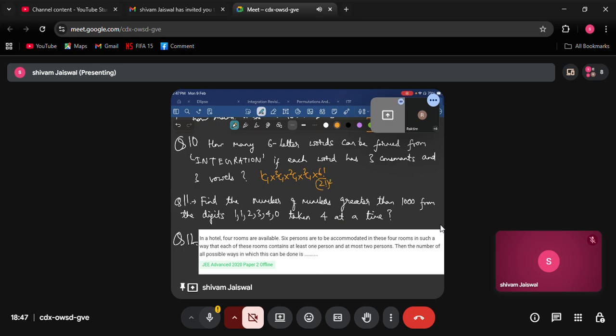Plus 1C1 into 3C1 into 4C3 into 6 factorial divided by 2 factorial, plus 4C1 into 2C1 into 3C1 into 6 factorial divided by 2 factorial. Okay. Is it clear? Anyone having any doubt? Tell me.